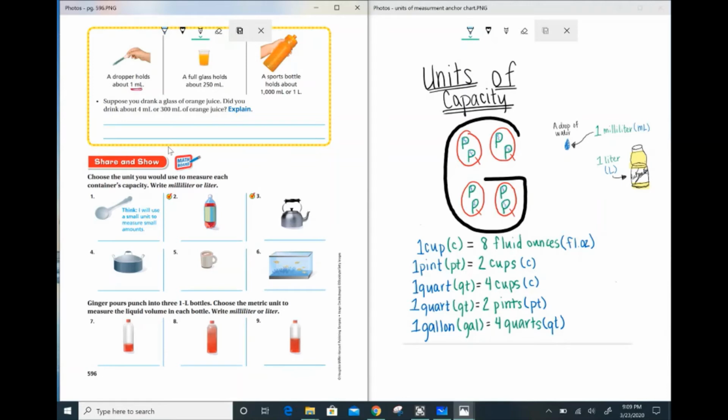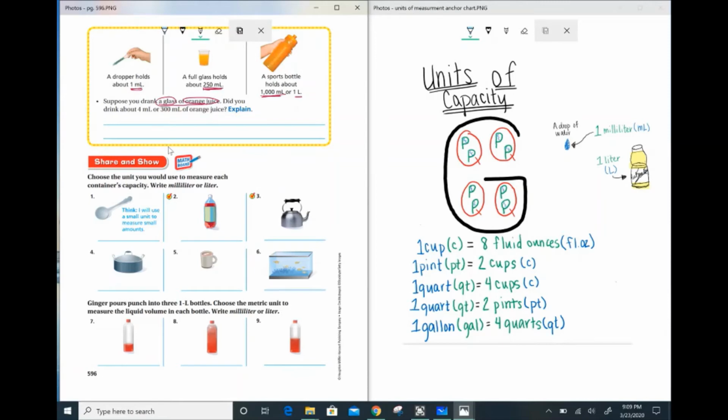This one tells me that a full glass holds about 250 milliliters. And a whole sports bottle holds either 1,000 milliliters or 1 liter. And I know I'm looking for a glass of orange juice. And this glass is about 250 milliliters.